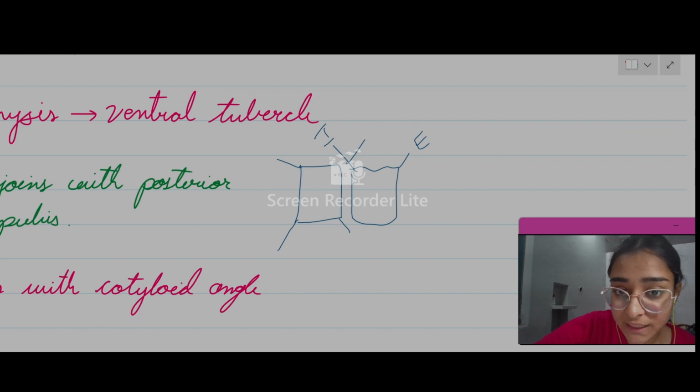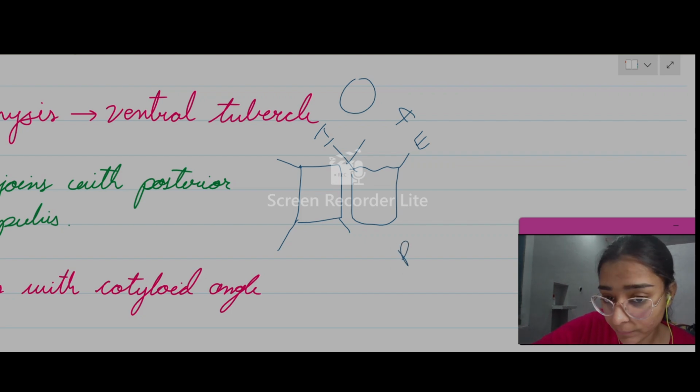As the animal is facing this side, this is the anterior or cranial part, and this is the posterior part, and this is the posterior external angle. So this last one will be posterior internal. I think now all the angles are clear.